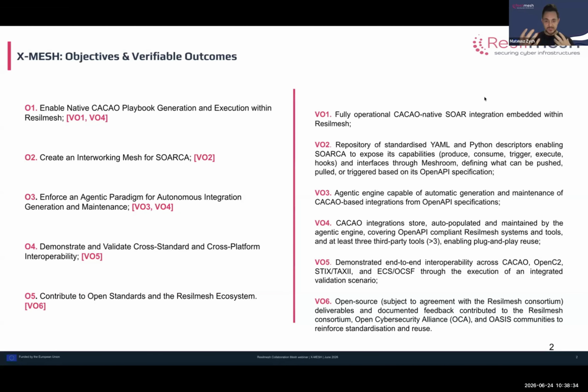In order to support these two things that I just described, we have come up with 5 objectives that XMesh covers. So first of all, we have the objective of the native CACAO generation and execution within Resilmesh. This is the part of the standardization where we support CACAO Playbook, which is the one and only right now open source security automation orchestration standard. So this is a standardized way of saying how you should operate within cybersecurity to perform cyber operations.